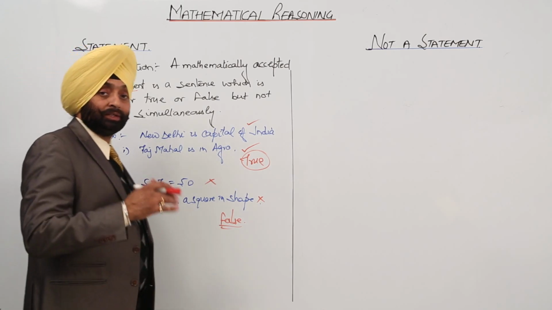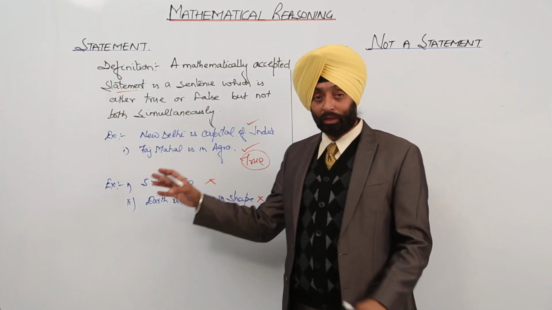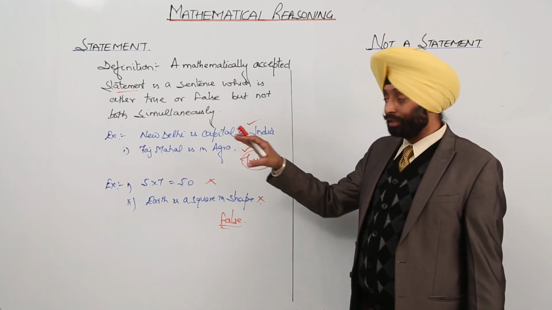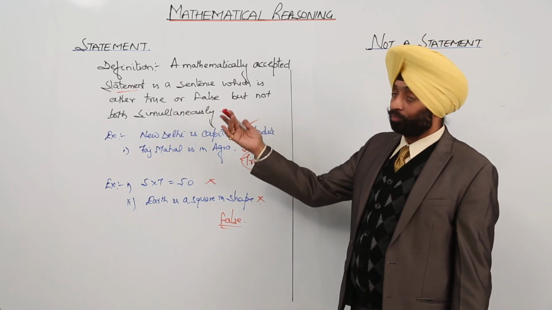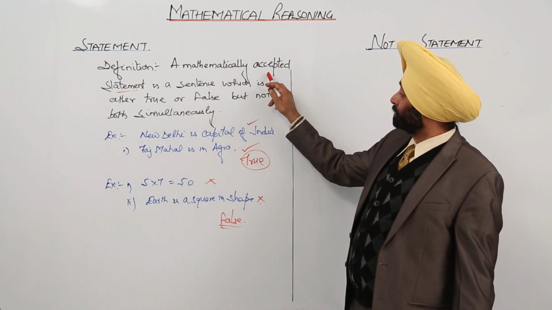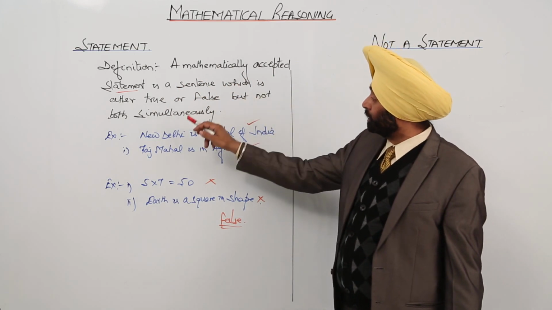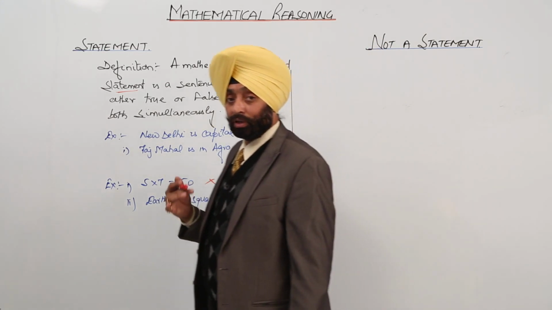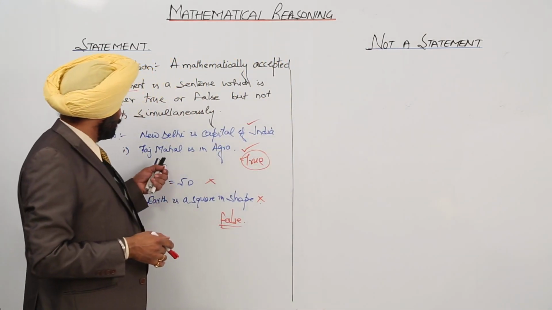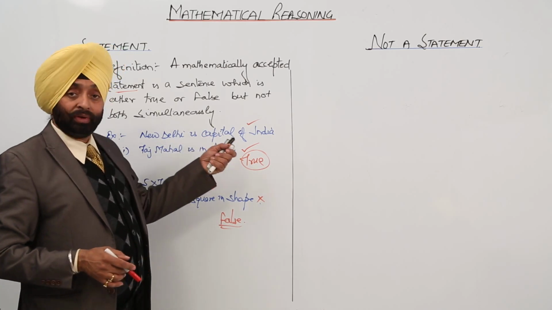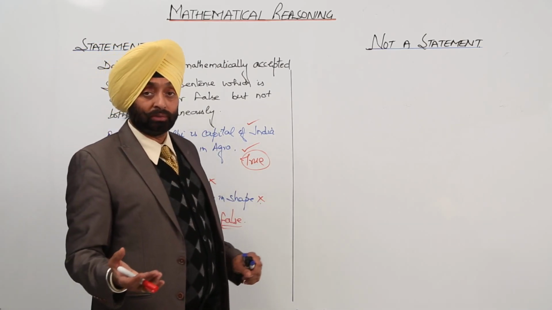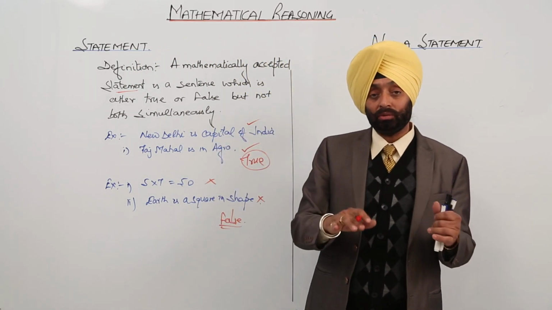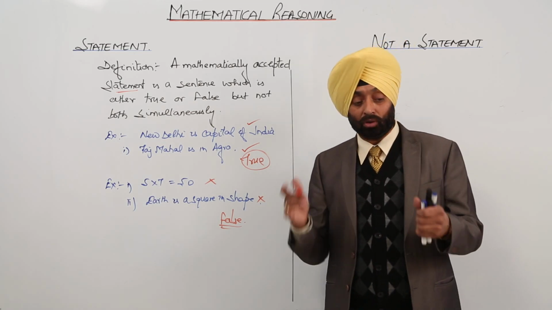It means both types of examples, 2 examples in case 1, 2 examples in case 2, both are statements. Okay. A mathematically accepted statement is a sentence which is either true or false, but not both simultaneously. So for example, we can't say that New Delhi is the capital of India can be true, it can be false. Is it clear? So a statement is when the sentence is either true or false. Okay, that is called a statement.